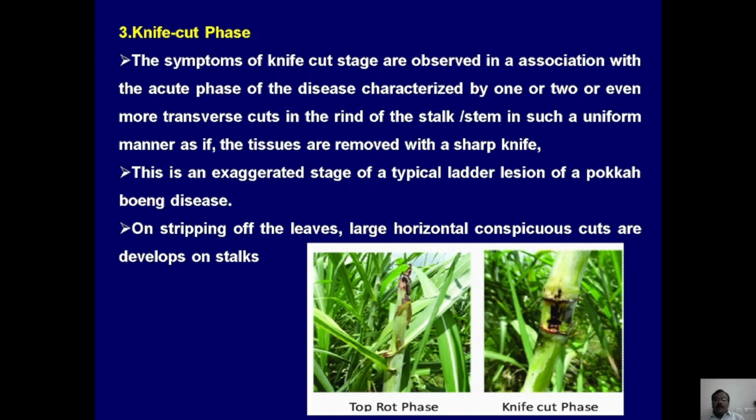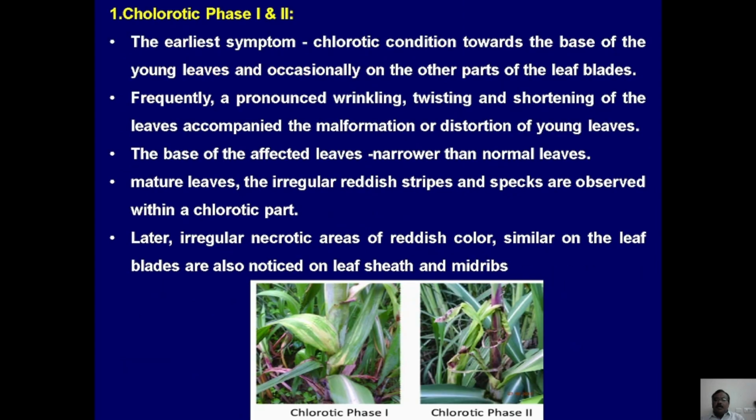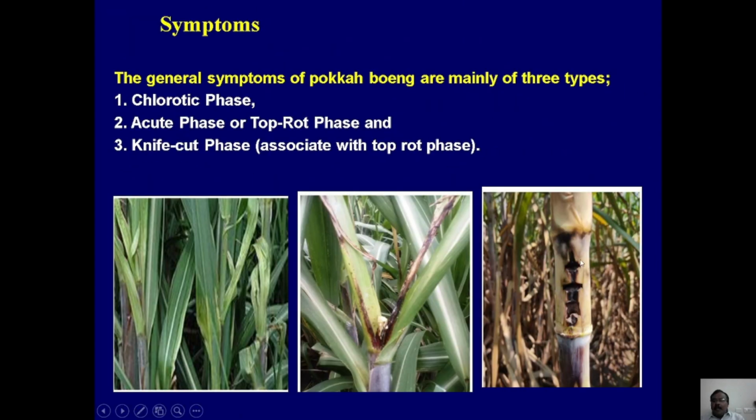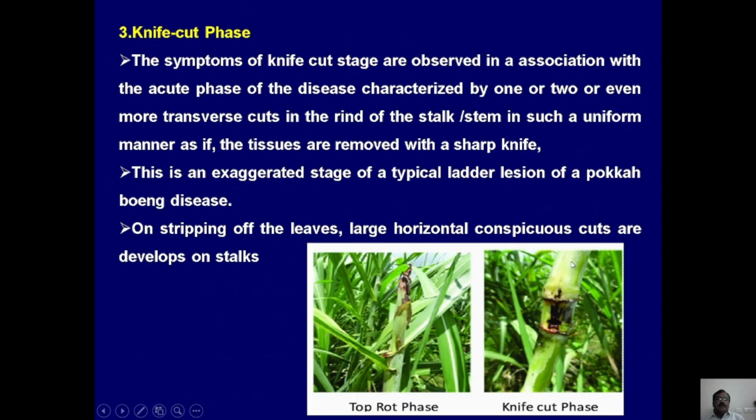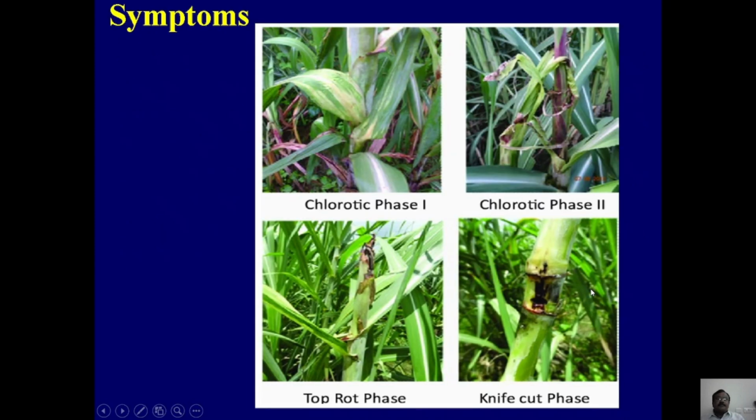The tissues are removed in a uniform manner, resembling tissues removed with a sharpened knife, and this is the most damaging stage, with typical ladder-like lesions. In the previous slide I showed you the typical ladder-like deep cuts formed due to severe infection. When you remove the leaf sheath, you can see the horizontal conspicuous cuts on the stalks.